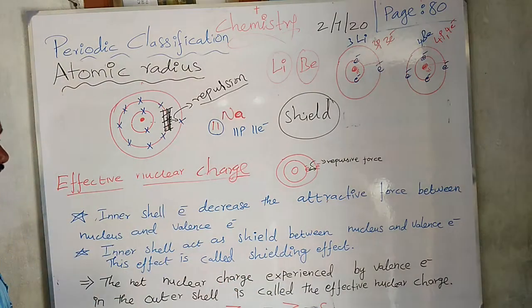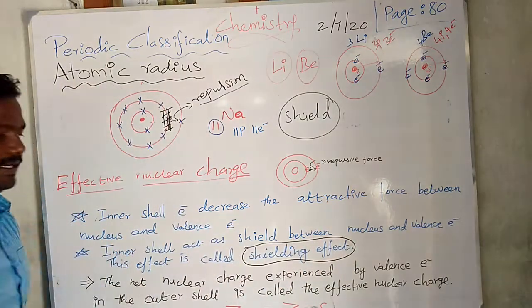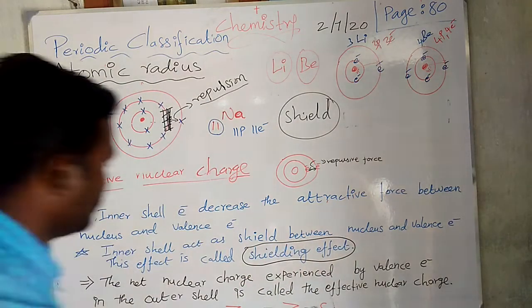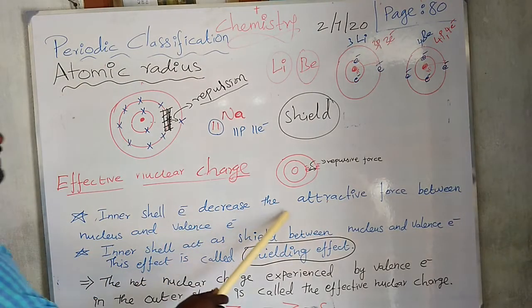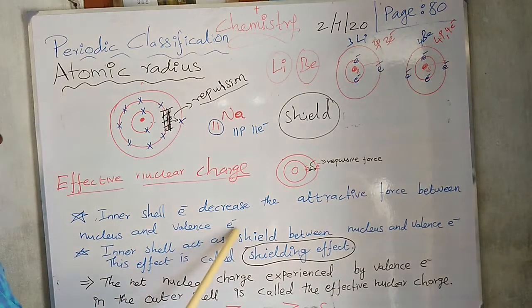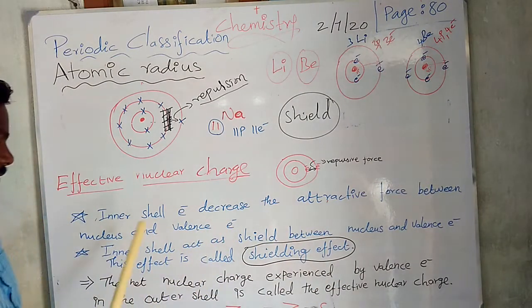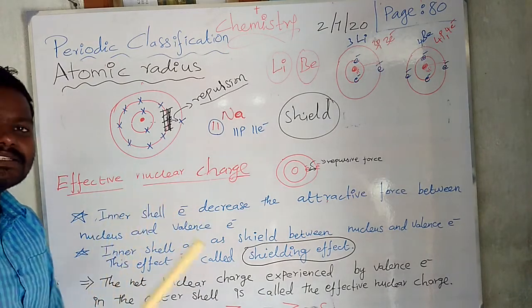In between we have one more question. What is shielding effect? Listen, my dear students. Inner cell electrons decrease the attractive force between the nucleus and valence electrons. Again I am reading, inner cell electron. What is an inner cell electron?